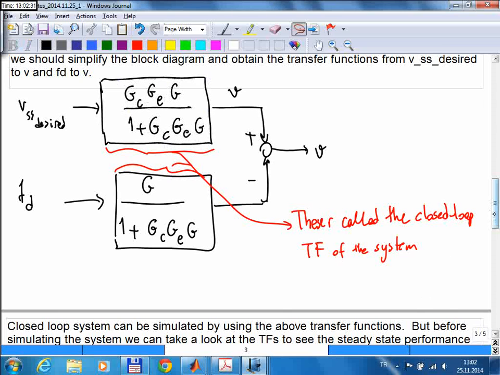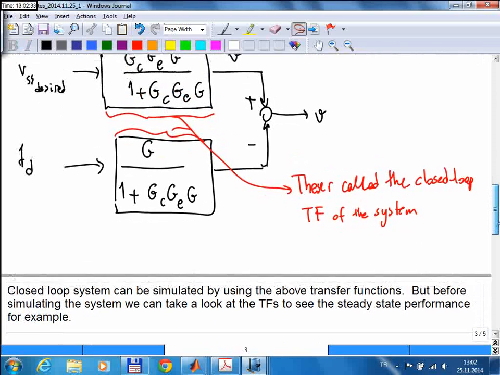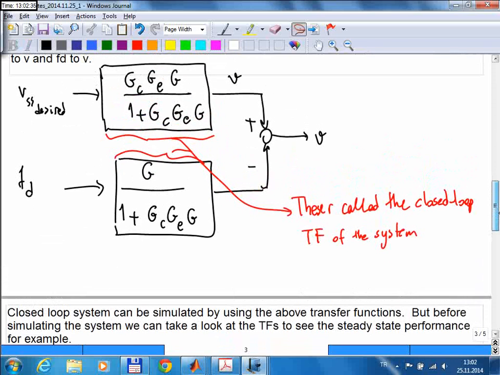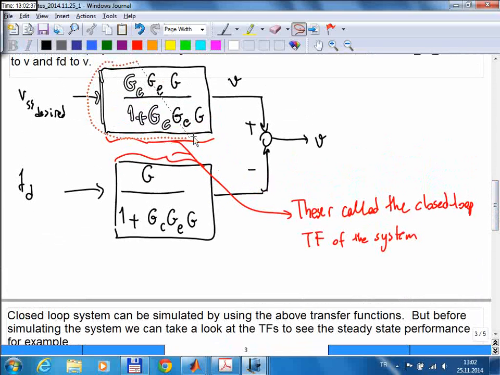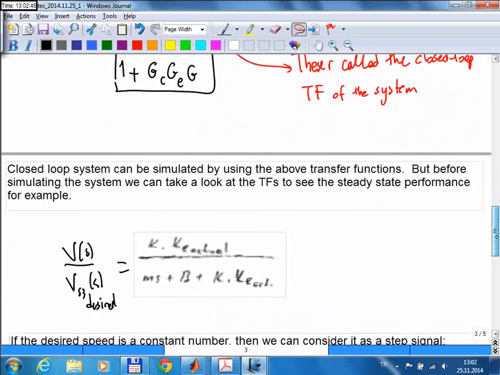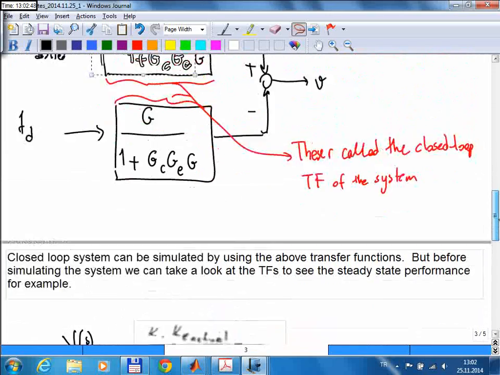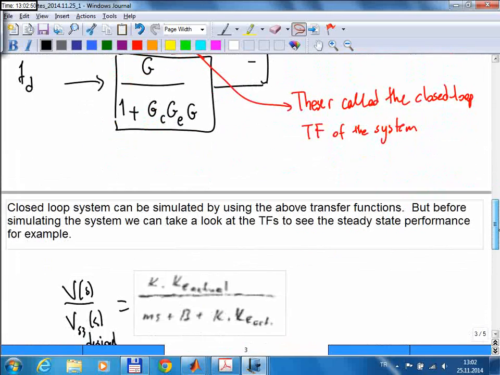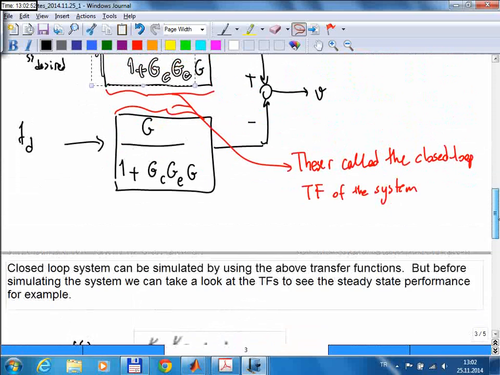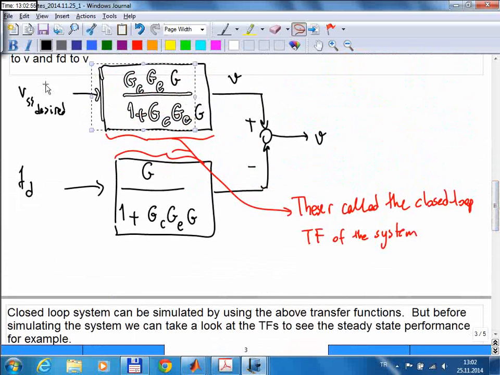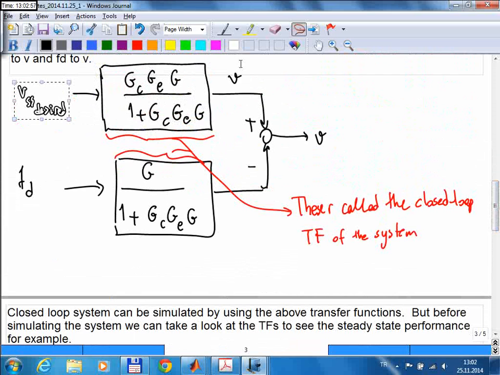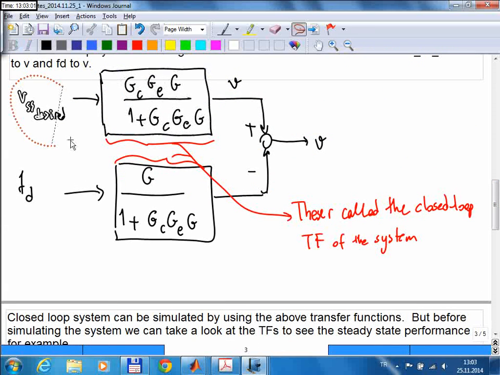But before doing simulation, let's take a look at this function and see, for example, what the steady state speed of the car becomes when we use that controller. When we apply an input here, the output is obtained by multiplying the transfer function with the Laplace transform of the input.